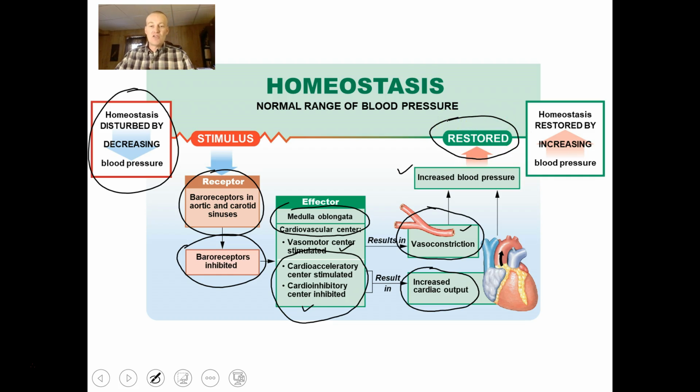So that's a way that the baroreceptors located in various arteries of your body can sense decreasing or increasing blood pressure and basically stimulate or inhibit certain regions of the brain to thus cause vasoconstriction, vasodilation, or increase or decrease cardiac output.